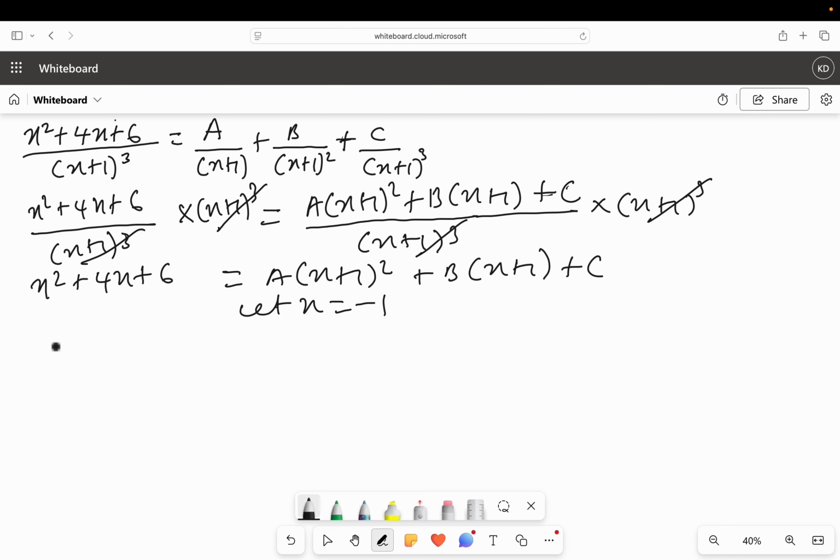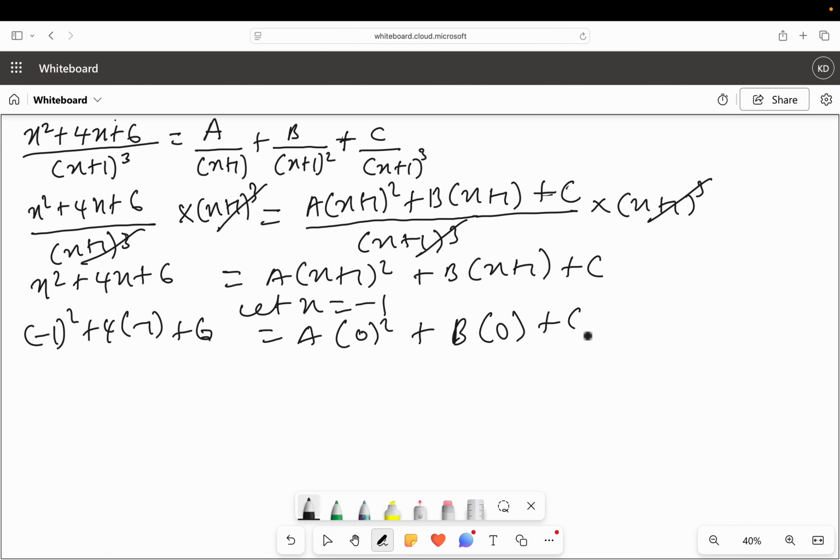So it means I have minus 1 squared plus 4 into minus 1 plus 6. So I will just have a into minus 1 plus 1, which is just 0 squared. Then I have b into minus 1 plus 1, which is also 0. Then I have c.